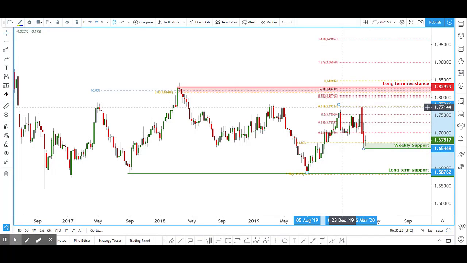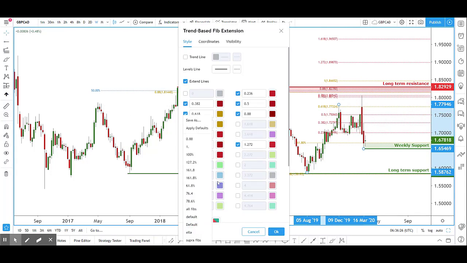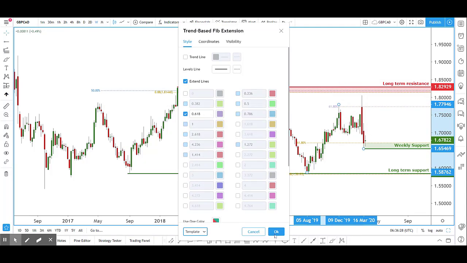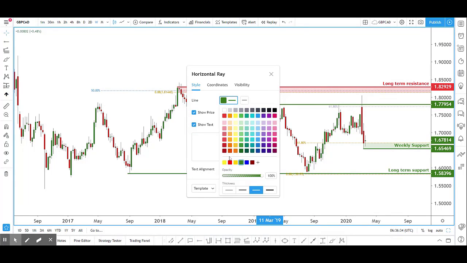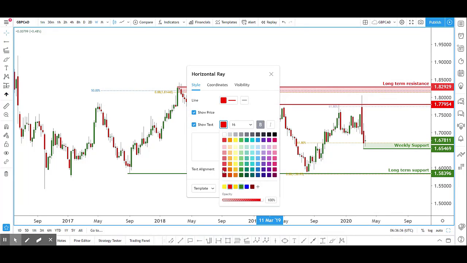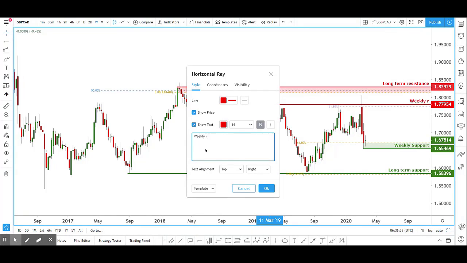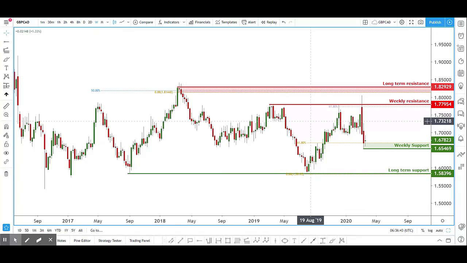That's why I ignored this level. So let me highlight the 61.8 extension, and I will draw a resistance level across. And I'll call this the weekly resistance.